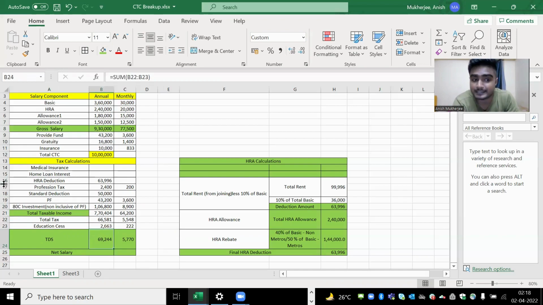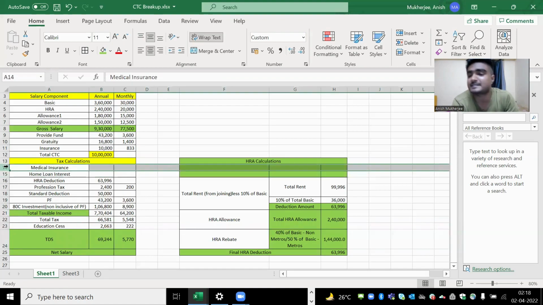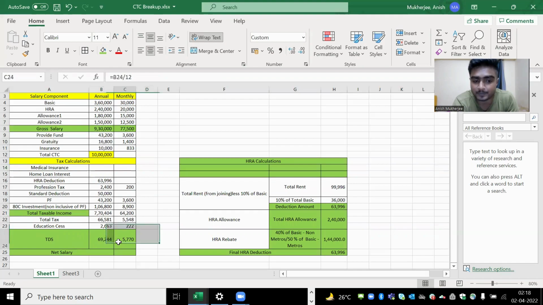There will be other claims as well that you can apply over here, but this is just a superficial view of what I'm giving you. There are other claims as well that you can do, but just for knowledge purposes, I'm trying to explain the various components of how you can calculate your monthly salary. So I'm just keeping it simple on that. So the TDS basically is coming as 5,770 rupees, right?